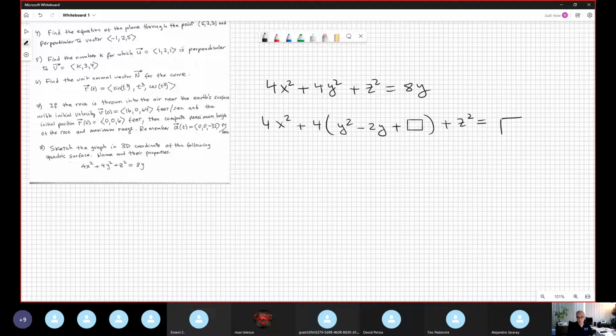Oh, no, equals box. Now it is obvious that the magic number to complete the square is 1. Actually 4 here, because 1 times 4 is 4.